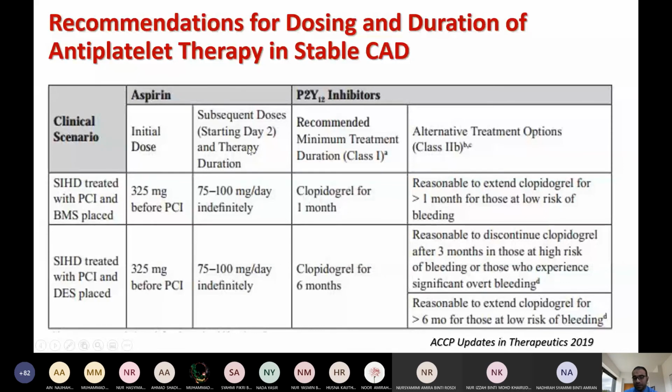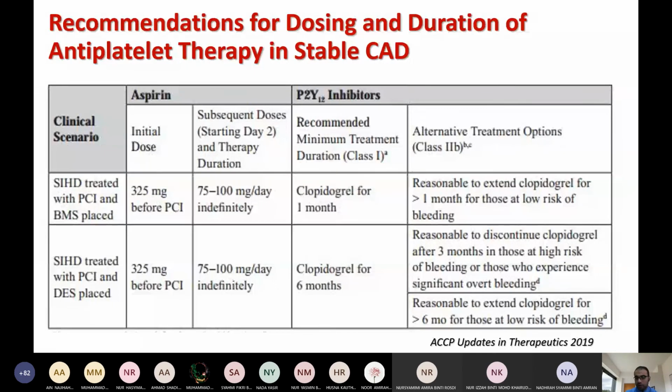You can see here most of the time the aspirin in patients with stable ischemic heart disease will be given indefinitely, one of the main medications, as we mentioned, to reduce the risk of developing future events.